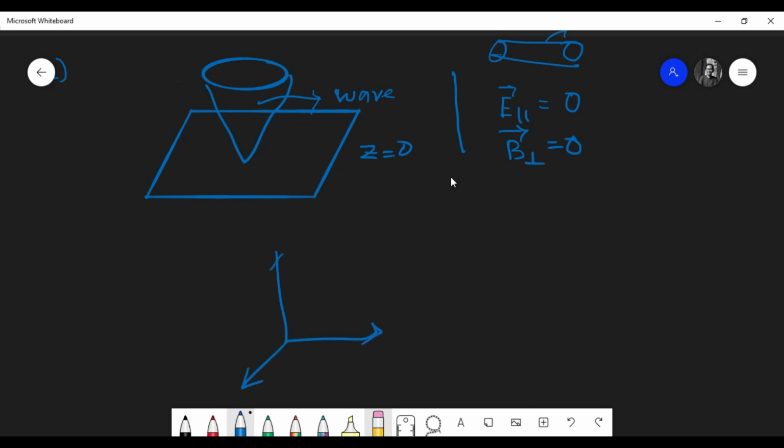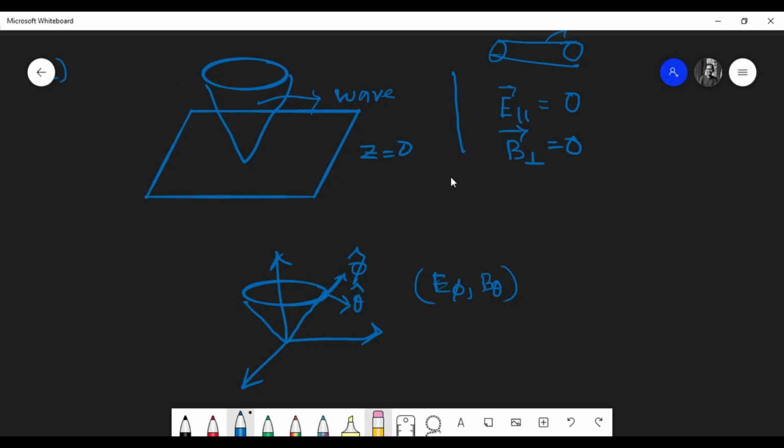Now, let me draw the unit vectors in spherical polar coordinates. Let's suppose this is the cone here, and this would be the theta hat unit vector, and along this direction will be the phi hat unit vector. And if you have an E phi solution like this, as you can see, this phi hat is actually tangential to the surface of the metallic cone.